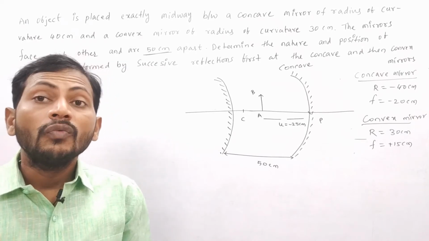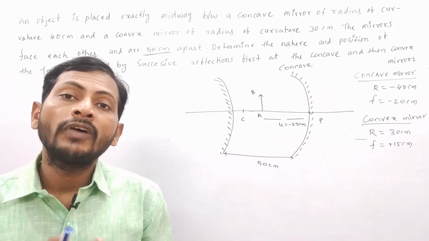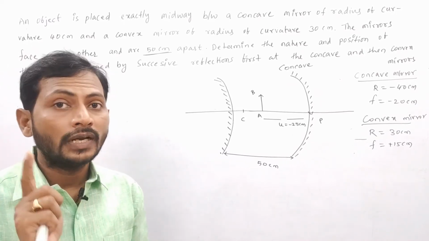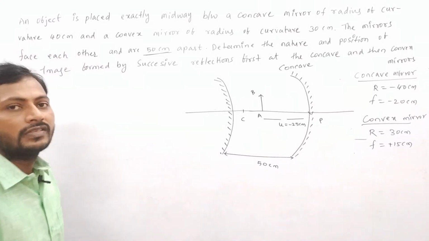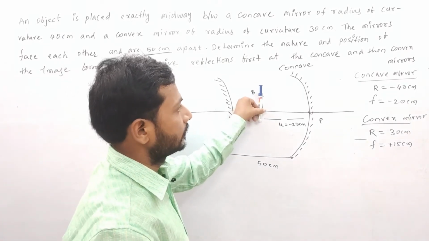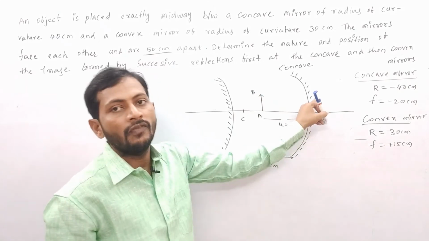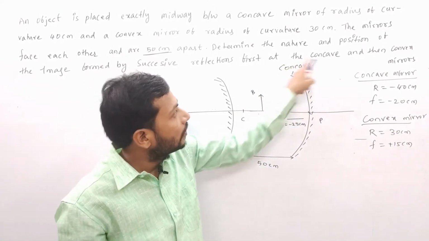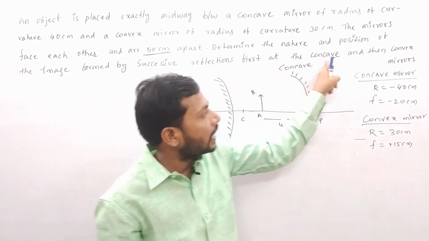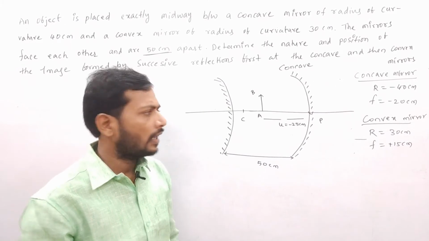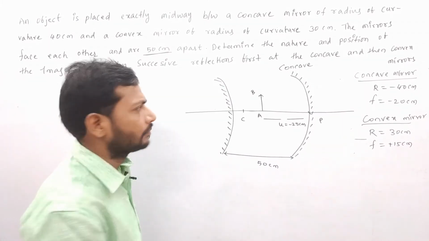Now where it is going to make the final image, you have to understand very carefully. First see here, this is the object. First I am going to take reflection at the concave, because here it is given first reflection at the concave, then reflection at the convex. Nothing is there, children, you have to observe clearly.